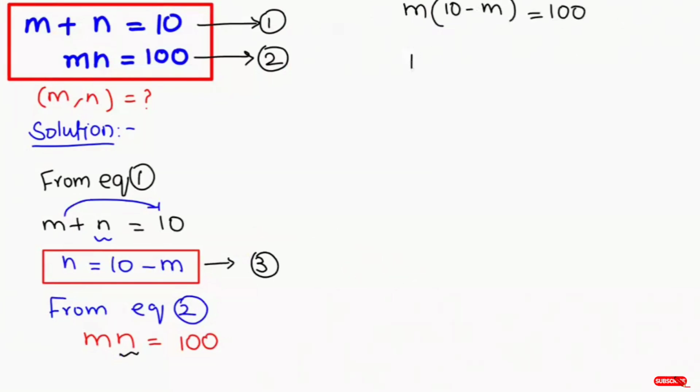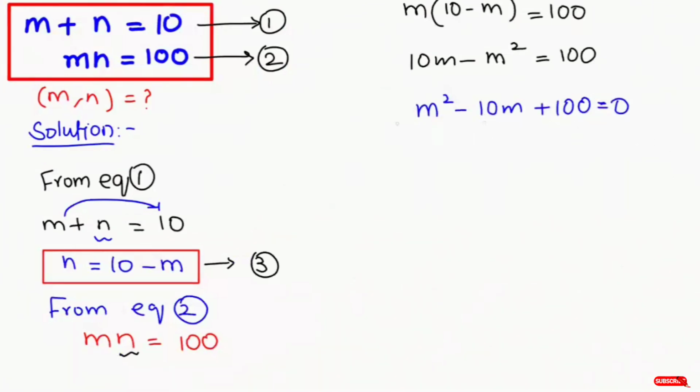This will turn to 10m minus m times m, that is m square, equals 100. Next I will take this negative m square and this 10m to the right hand side. So it will turn to m square minus 10m plus 100 equals 0.